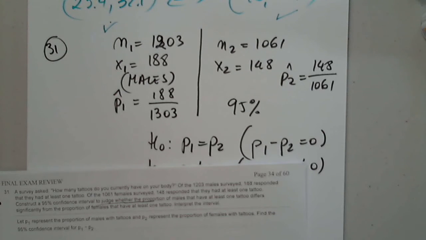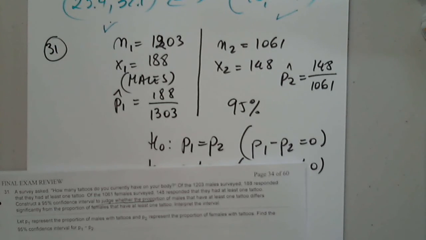1203. Okay, and then n1. 188, be careful, 188 and n1 1203, and x2 148 and n2 1061, and we want 95.